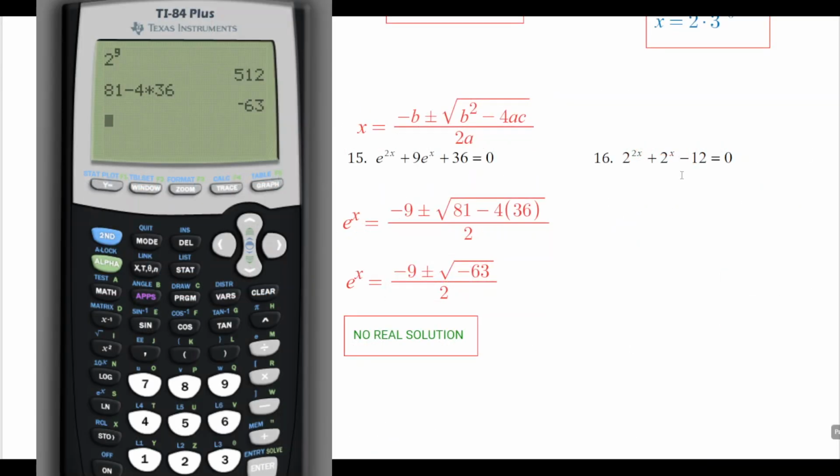So number 16, instead of e to the x being our term here, we just have 2 to the x. So with our coefficients being 1, 1, and negative 12, this one can be factored. This one will be 2 to the x.